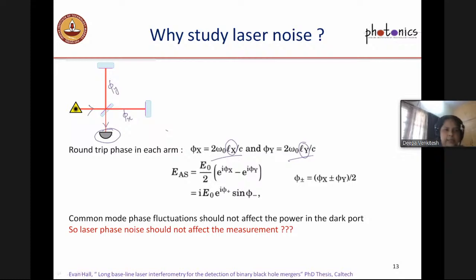Now, if you look at the intensity or the electric field at this antisymmetric port, E_AS is E naught by 2 times (exponential phi x minus exponential phi y). It's just a simple interferometer equation that gets written here.